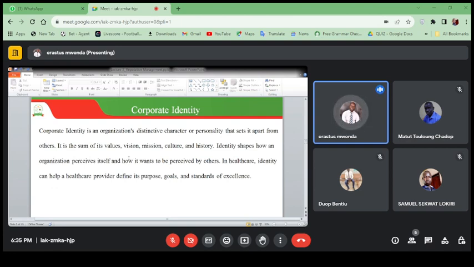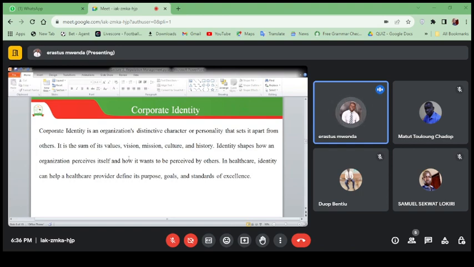Of course, if the history of this particular organization is positive, whether the management changes, whether the leadership changes, everybody who comes on board will seek to ensure that that history is maintained. So corporate identity is very, very important. We are saying this particular identity will also shape how an organization perceives itself.